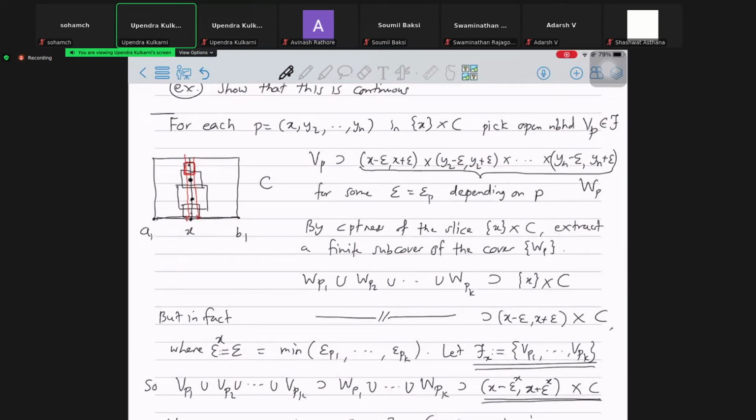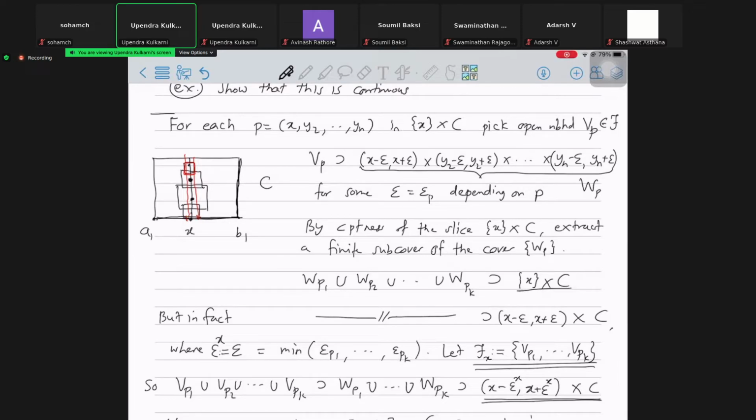In the given picture, I first fixed an X, then I took a slice, X cross this remaining part of the box. And I covered the slice with a finite number of sets from the given family. So the slice X cross C is covered by VP1 up to VPK.